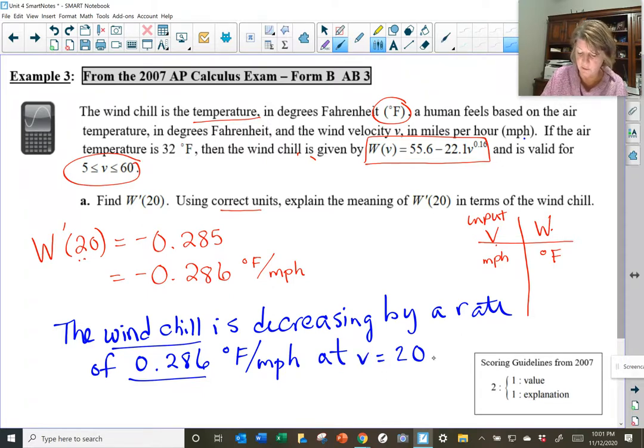At velocity equals 20 miles per hour, because our input was V, which was miles per hour. I always think writing them out takes a little bit of thought process and is not super intuitive. It's good to go with that NUT idea: a noun, the number, the units, and the time, and then you've got all your bases covered.